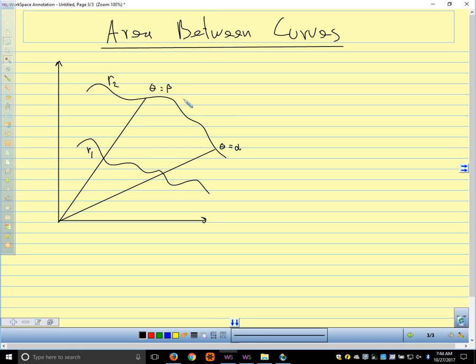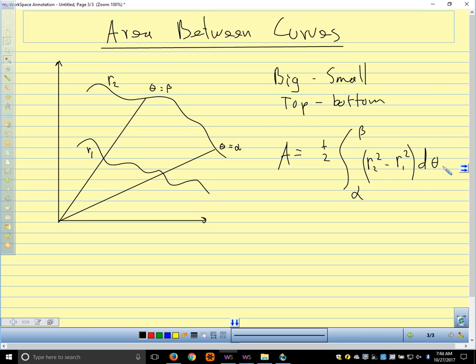So in everyday language, what's going to be our technique here? Top minus bottom, big minus small. That's how we think of these. So our area is going to be 1/2 the integral from alpha to beta of R2 squared minus R1 squared d theta. So we're just subtracting to find that area in there.